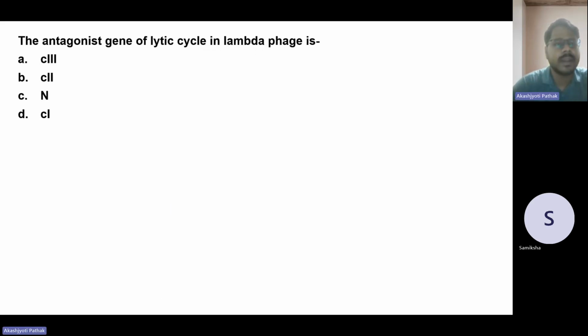Okay. So to answer this question, the antagonist gene of lytic cycle in lambda phage. So this lambda phage can also be used as a vector for gene cloning. Like the plasmid vectors, it actually depends on your gene insert.